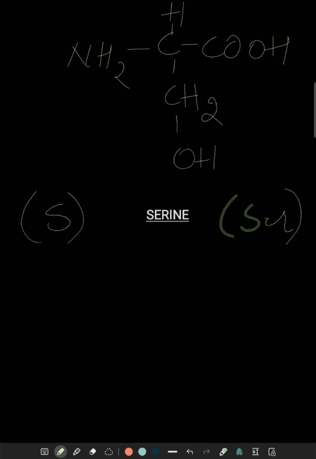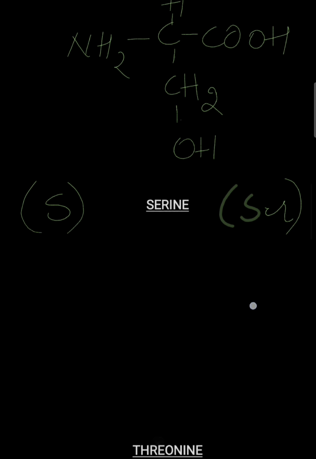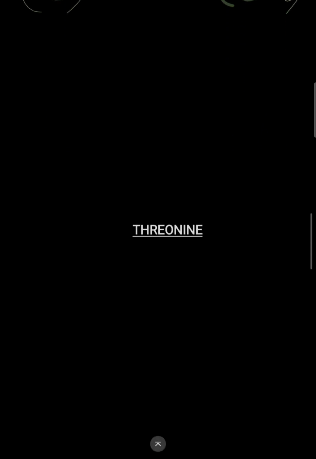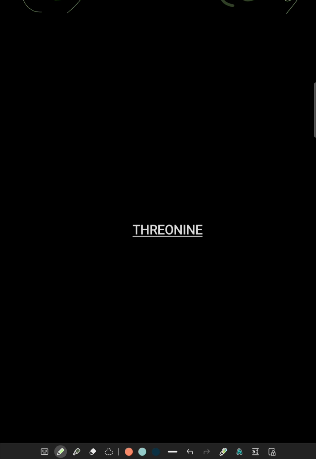Now we have another amino acid which also contains a hydroxyl group, that is threonine. Let's try to draw threonine. Threonine is also very easy. We already know the structure of serine. It had CH2 and then OH, but out here we cannot add a CH2OH.